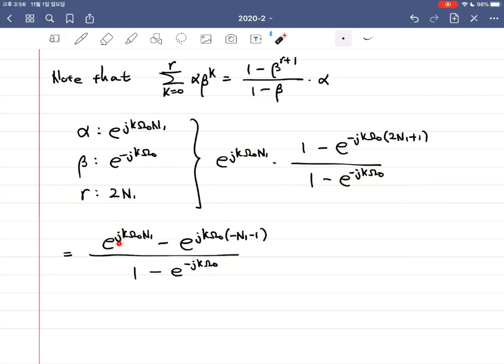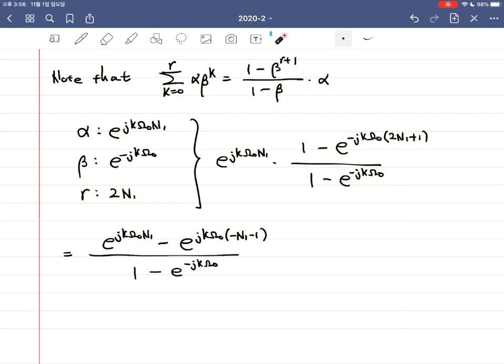However, j being on the top of the exponential term, we cannot actually see what it is. Of course, some smart people can, but I can't. So I would like to use this Euler's relation to express this in the sinusoidal wave.